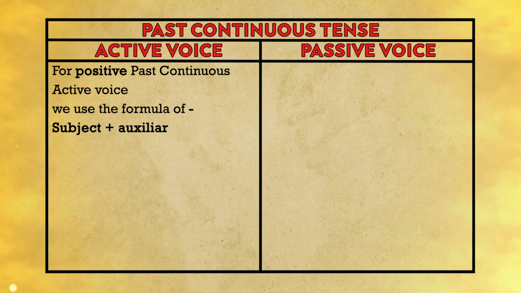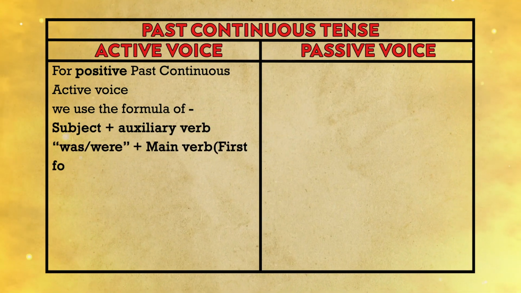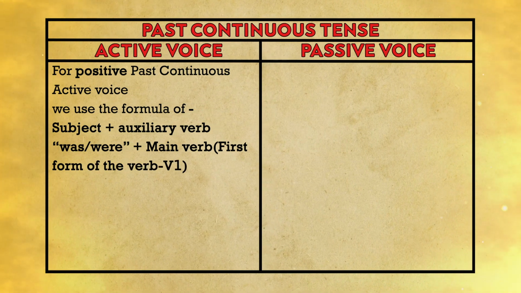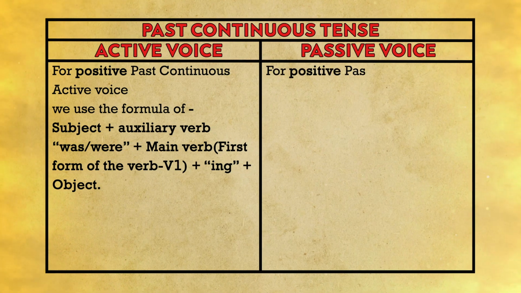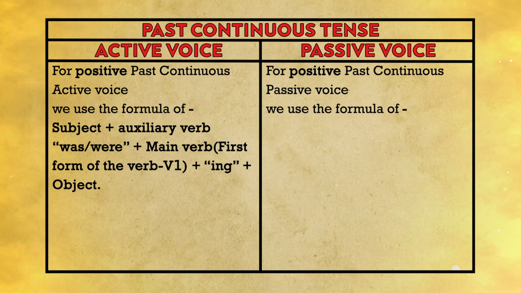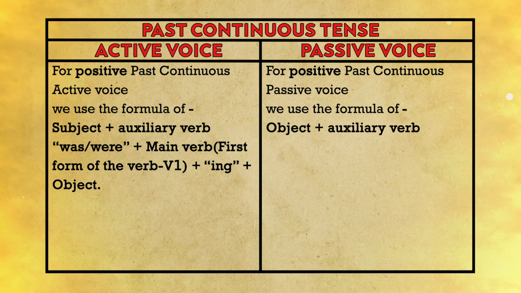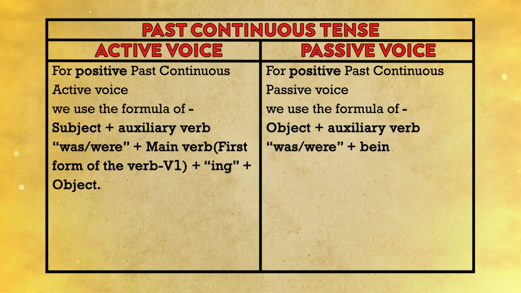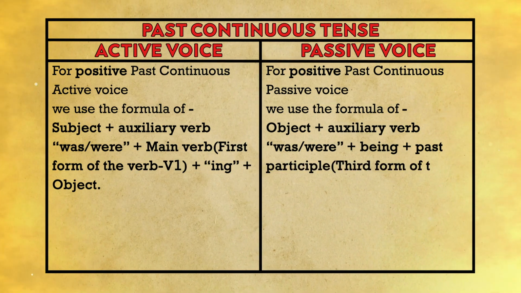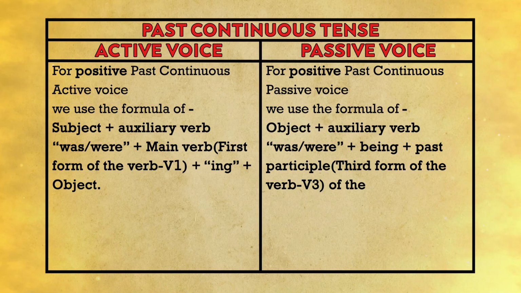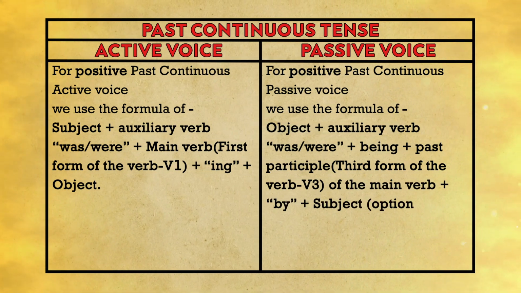Subject plus auxiliary verb, that is was or were, plus main verb, that is V1, plus ing plus object. When we change it into the passive, it is the object plus auxiliary verb was, were, plus being, plus past participle, that is third form of the main verb, plus by, plus subject, which is optional.